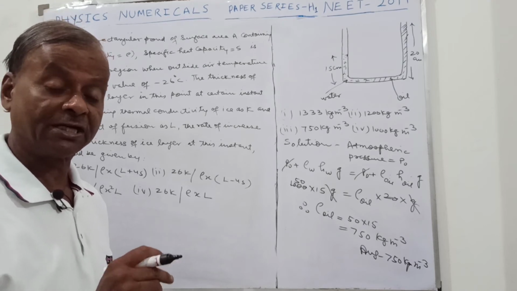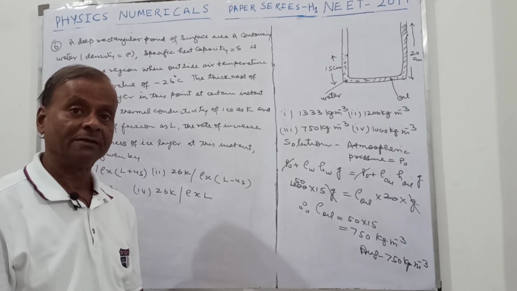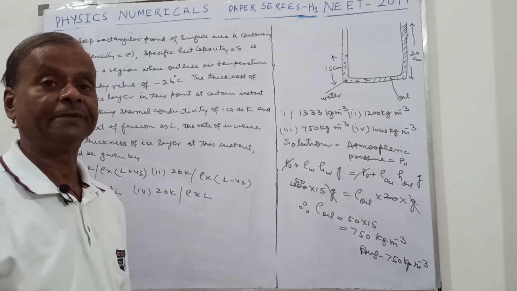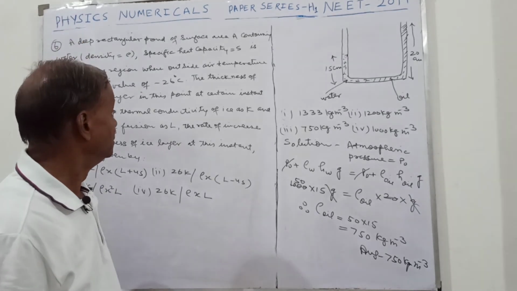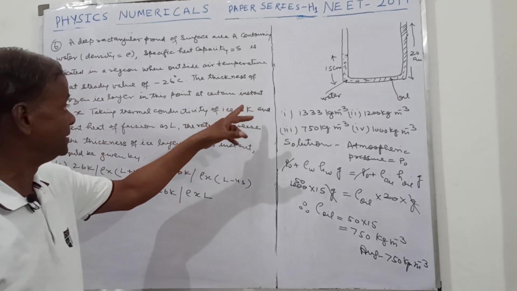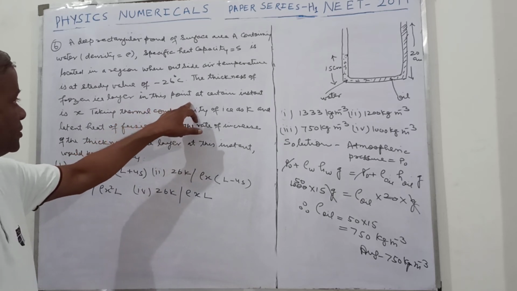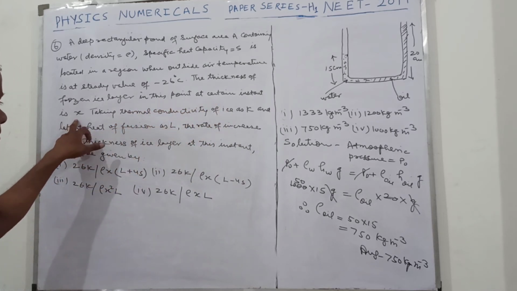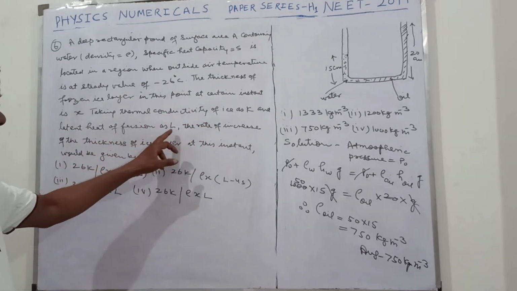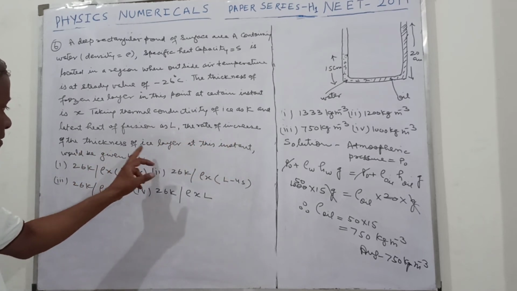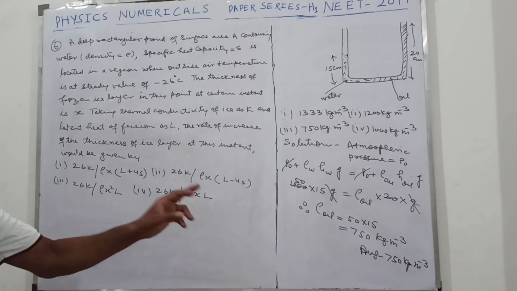So when the temperature is given to be minus 26 degrees Celsius, it means that only there will be the heat of fusion. So the thickness of the frozen ice layer at this point is a certain distance x. Taking thermal conductivity as K and the heat of the fusion equal to L, the rate of increase of the thickness of the layer at this instant would be given by so and so.